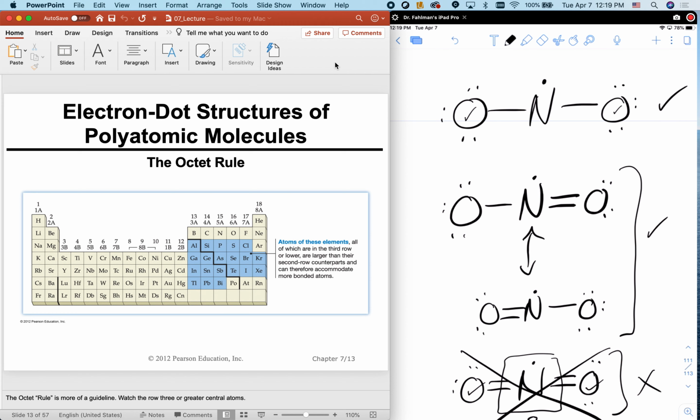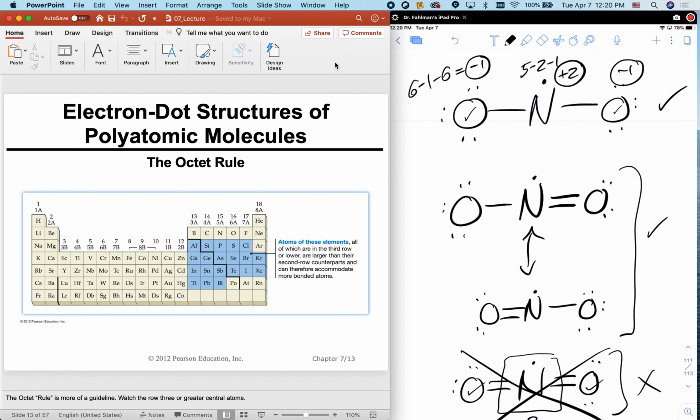And so to determine which is, quote unquote, better, let's look at formal charges. So this one, we've got each of the oxygens 6 minus 1 minus 6, so there'll be a -1 charge. And then the central nitrogen is going to have 5 minus 2 minus 1, so that's a +2.